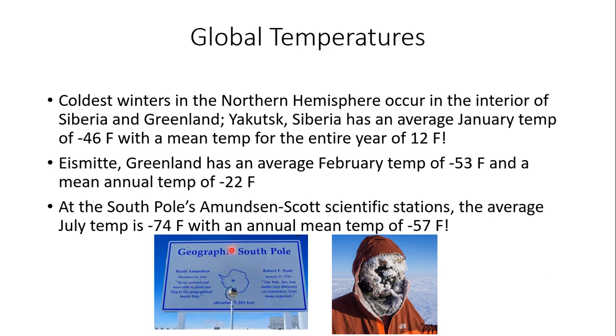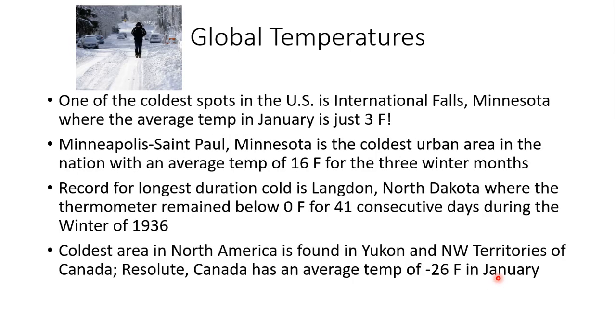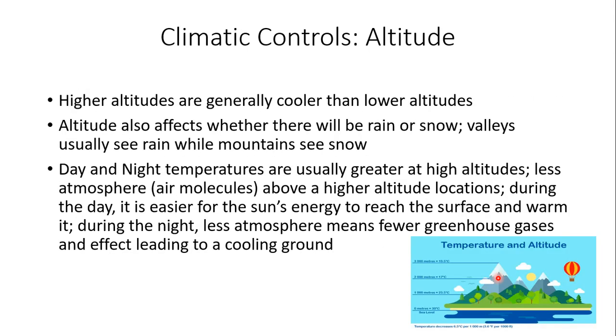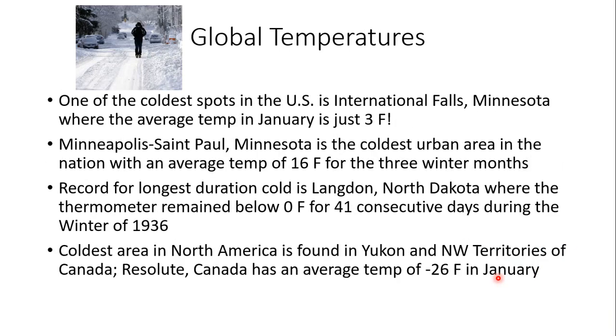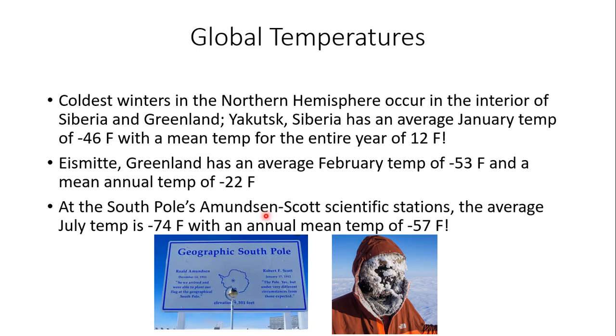Now, one of the things that's really interesting about the South Pole is it's elevated. So it's not just flat near sea level. That also adds to the fact, remember we talked about temperature and altitude? We say it gets colder with altitude. The higher you go in the atmosphere, the colder the temperatures get. Well, at the South Pole, they not only have latitude going for them as far as cold temperatures, they also have elevation.